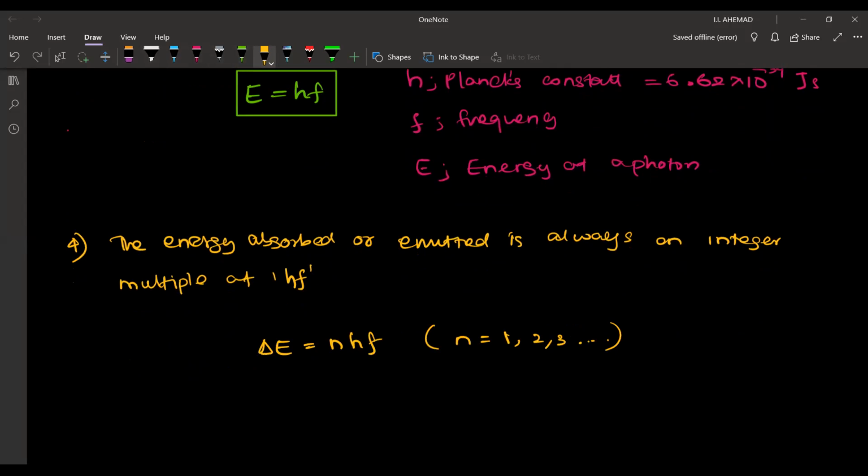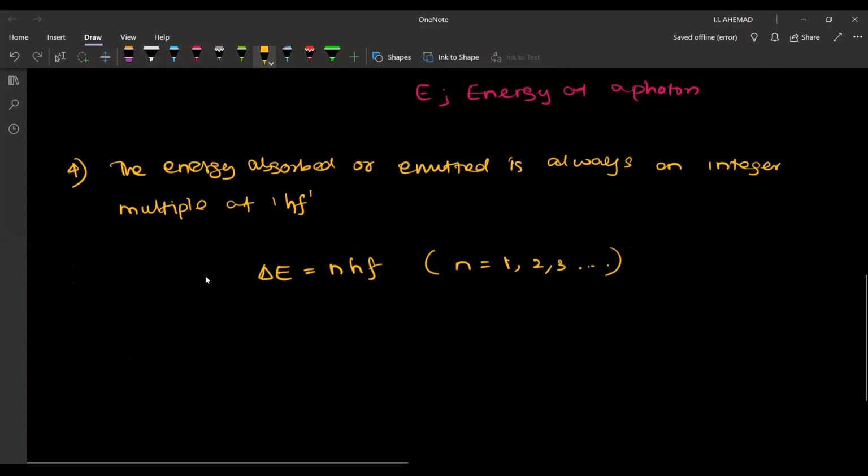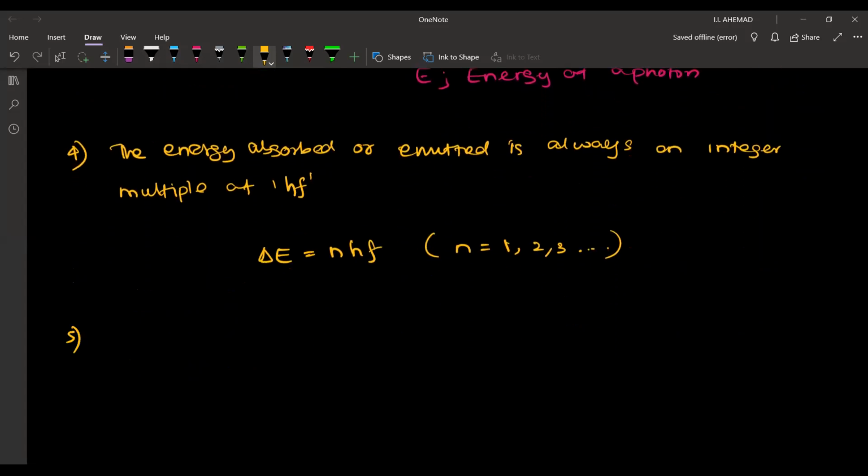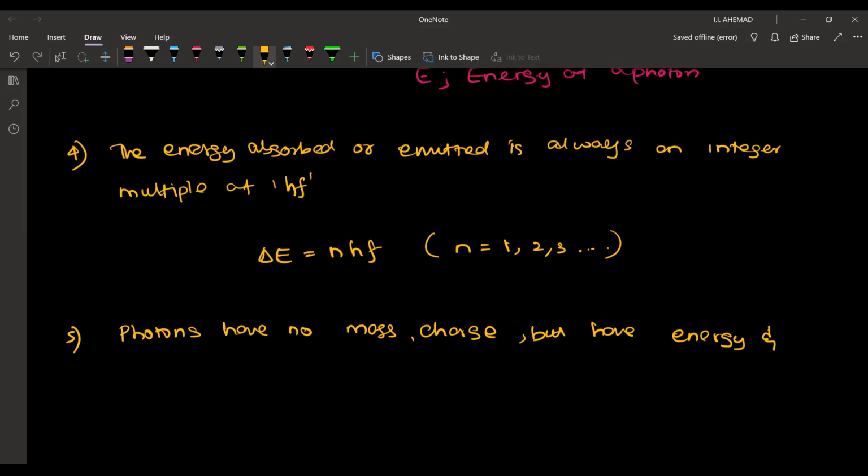And very importantly, although photons are just like particles, these photons do not have mass. Photons have no mass, no charge, but they have energy and momentum.